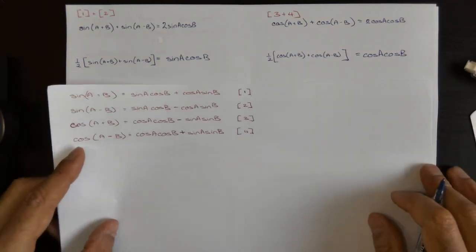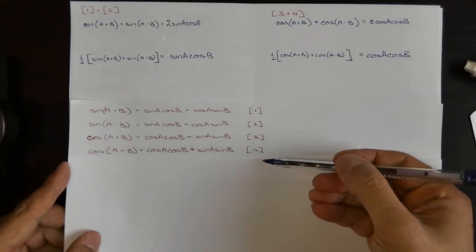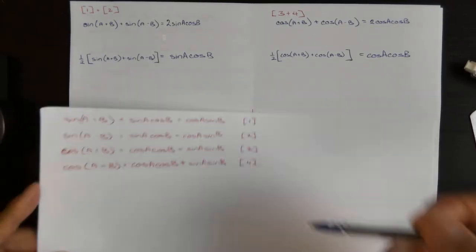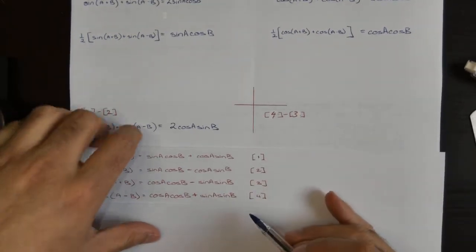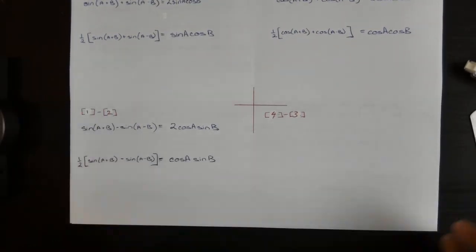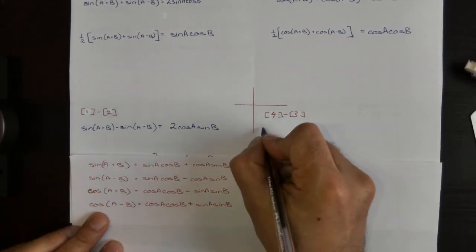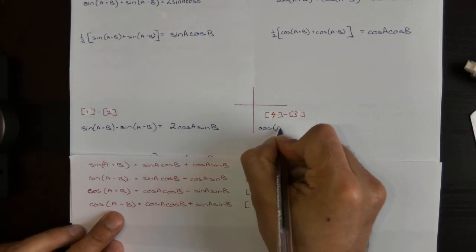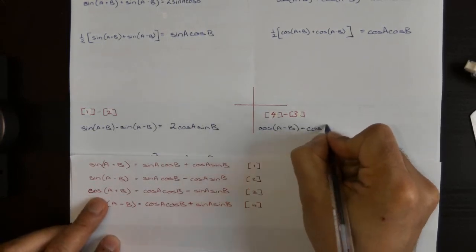Now, this time I'm going to subtract 3 from 4, because the other way just cancels all of it out, so this is the only possible way. We start with 4, cos A minus B, and subtract equation 3.